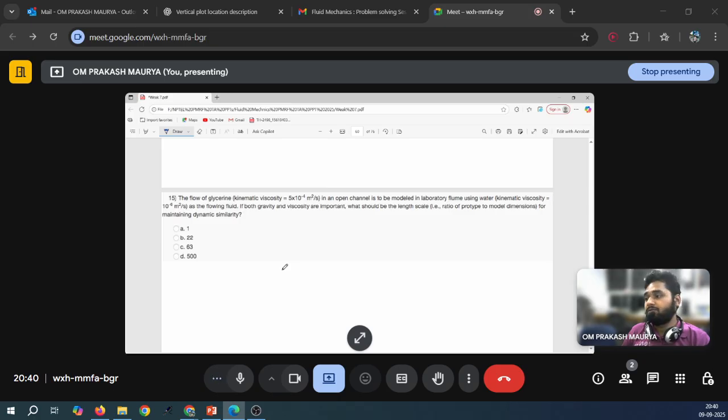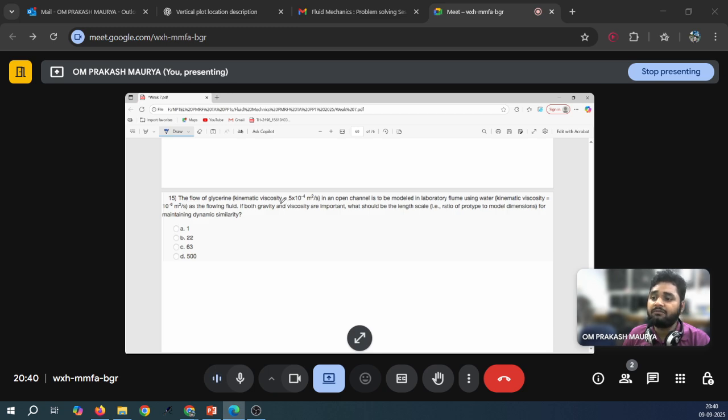Okay, so another question. The flow of glycerin, kinematic viscosity given as 5 into 10 raised to minus 4 meter square per second, in an open channel is to be modeled in a laboratory flume using water.